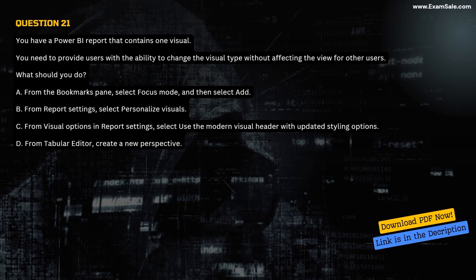What should you do? A. From the bookmarks pane, select Focus Mode, and then select Add. B. From Report Settings, select Personalize Visuals. C. From Visual Options in Report Settings, select Use the Modern Visual Header with updated styling options. D. From Tabular Editor, create a new perspective.